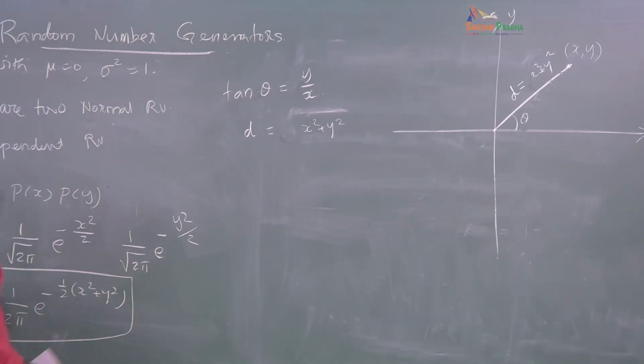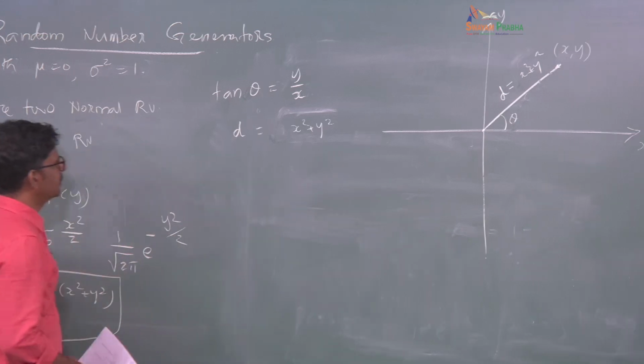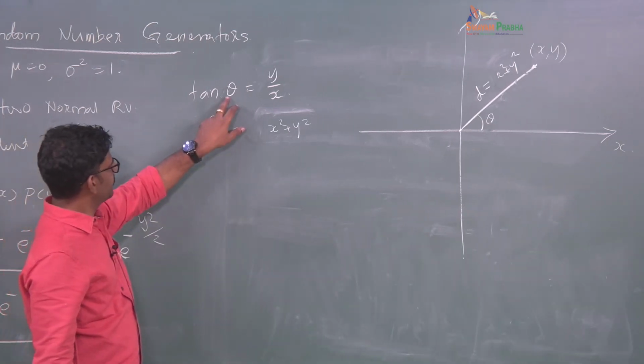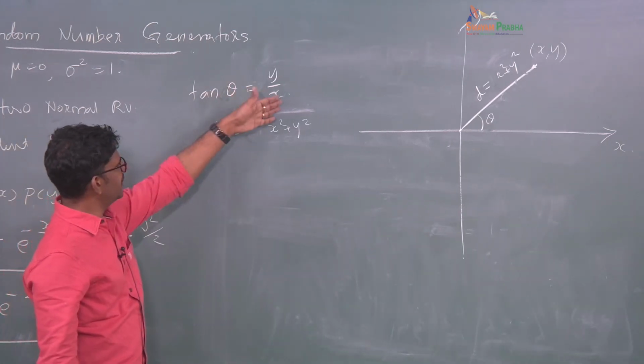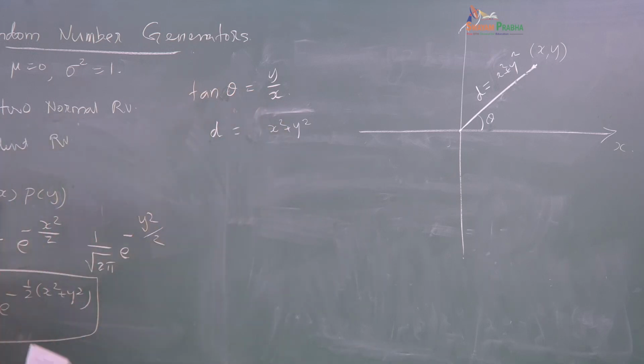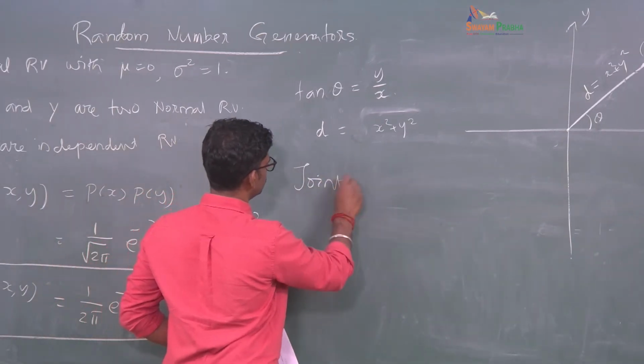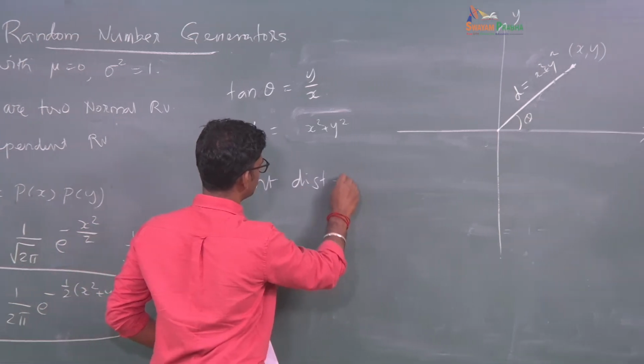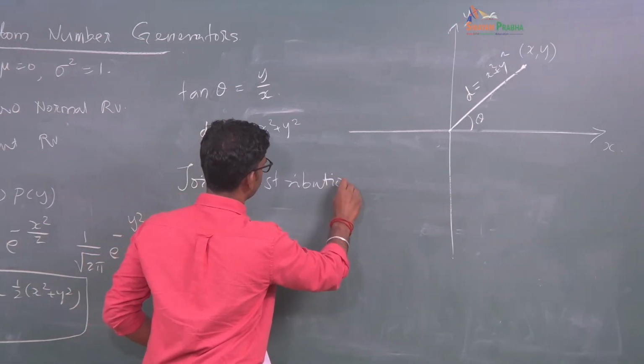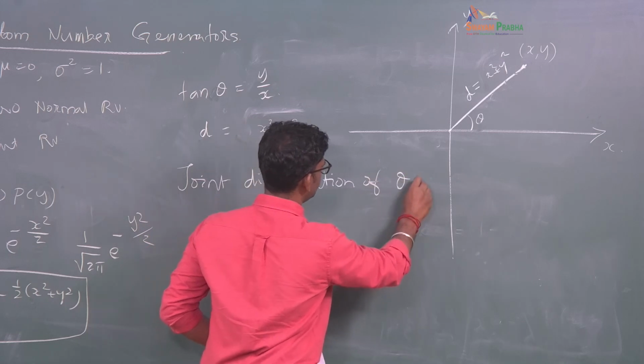So basically we want to find the distribution of d and theta, and once I know that, from this equation I can solve for x and y. That's the argument. So the problem we are trying to ask now is how to generate a joint distribution of theta and d.